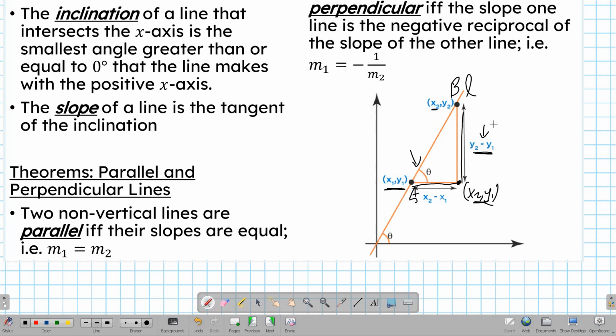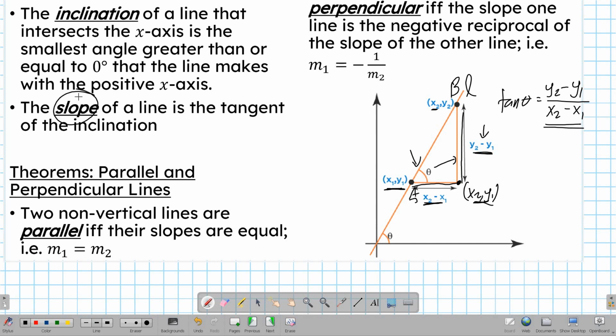So, we're going to have tangent of theta, which is equal to the opposite side of theta, which is what? Y sub 2 minus y sub 1, and yung length niya over the adjacent side, which is x sub 2 minus x sub 1. So by that, etong expression na ngayon is the slope of the line.